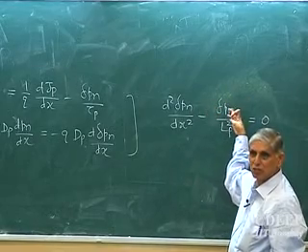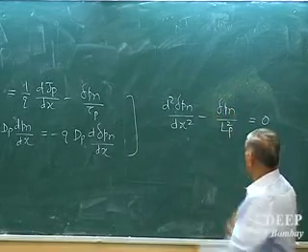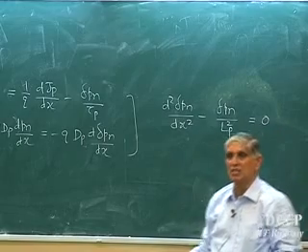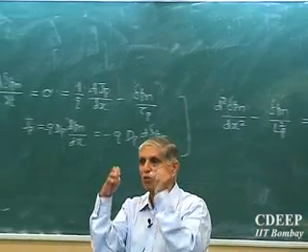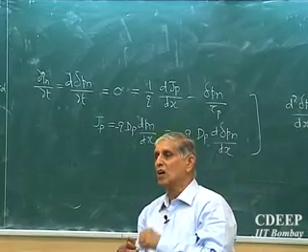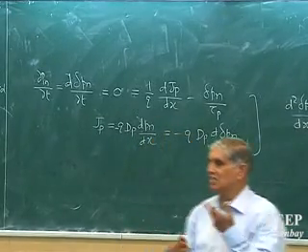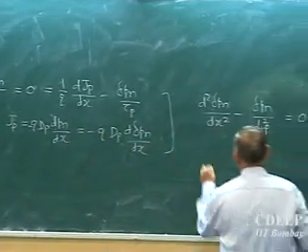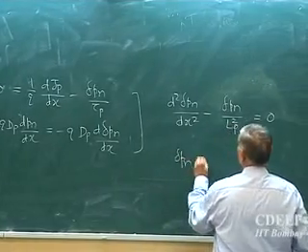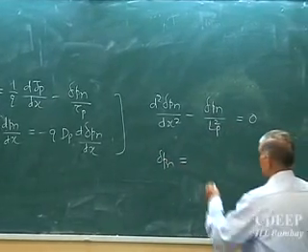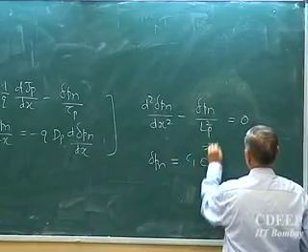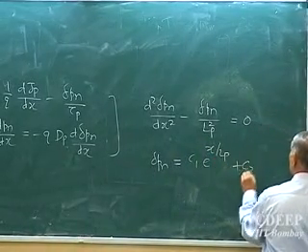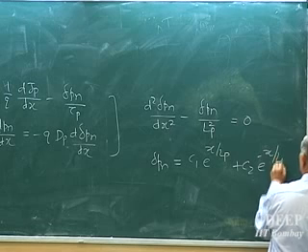Right now there is no Pn into x term appearing here, so it is linear. So what is the solution of this? Let's take some constant C1 e to the power x by L_p plus C2 e to the power minus x by L_p.